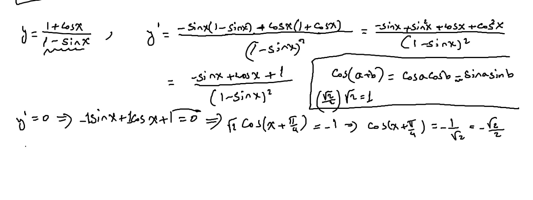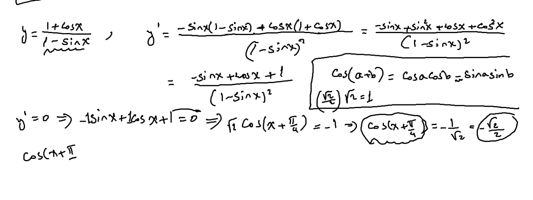How to continue that? If cosine x plus pi over 4 equals this value, what is this value? Let's see what is radical 2 over 2 equal to, right? If we take cosine minus radical 2 over 2, we need, right?